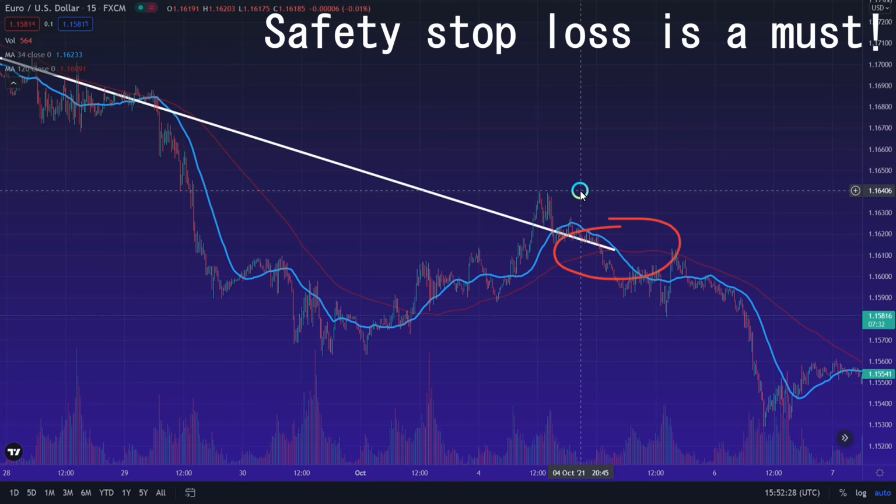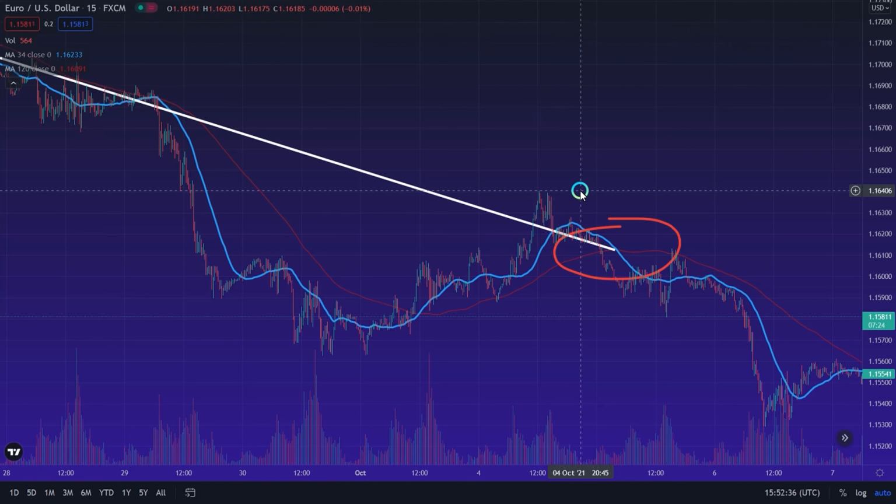It is not unheard of that the market just goes crazy, and all the markets go crazy, and there's a crash in the world and you blow your account. And the funny thing is that if you would have a safety stop loss, you would save your entire account, because it would be just one single losing trade when an entire crash is happening in the world.